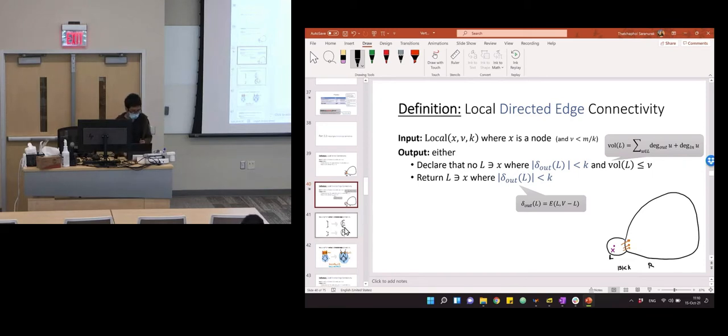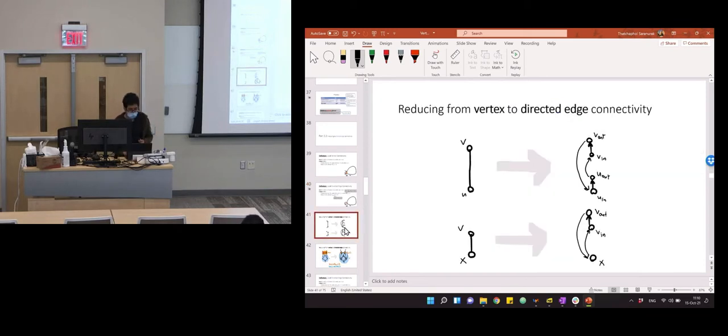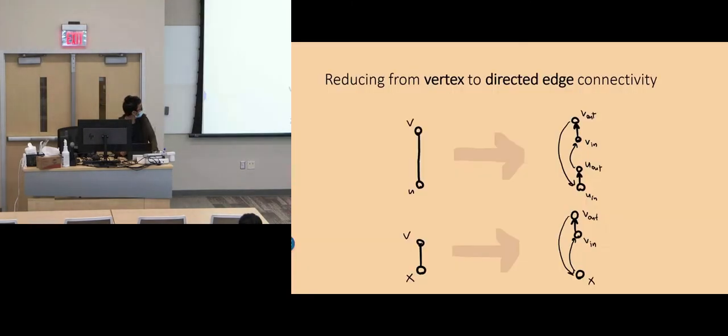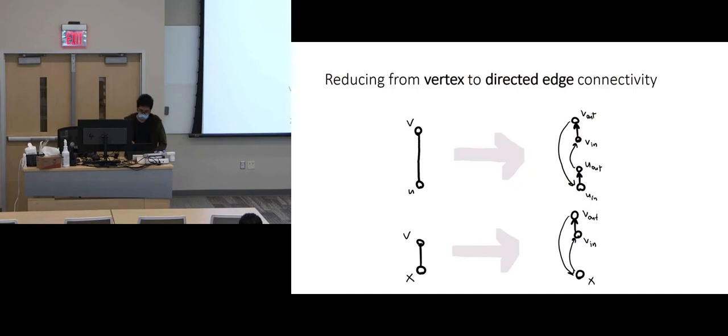So the idea is actually quite simple. Suppose you have a graph where you want to find a vertex cut.